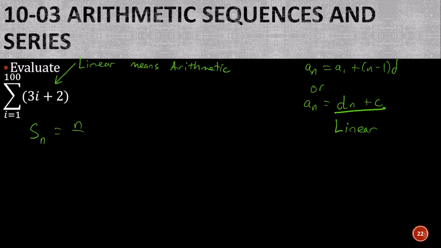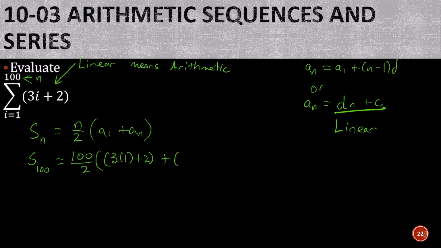S_n equals n over 2 times a_1 plus a_n. Remember, the upper limit would be n, so that would be S_100. Our first term is when we plug in the 1.